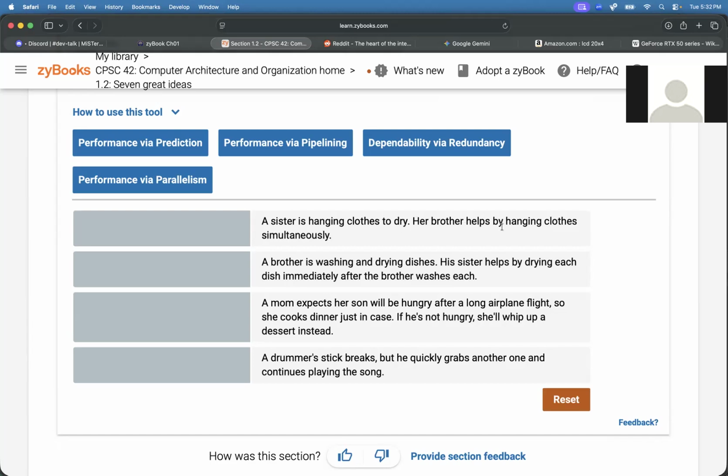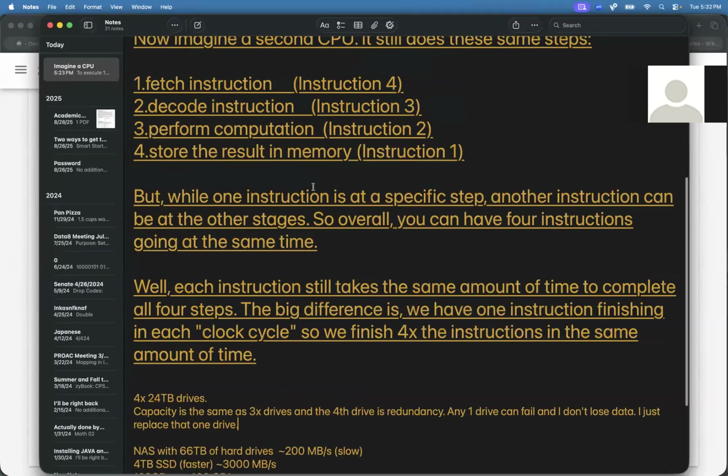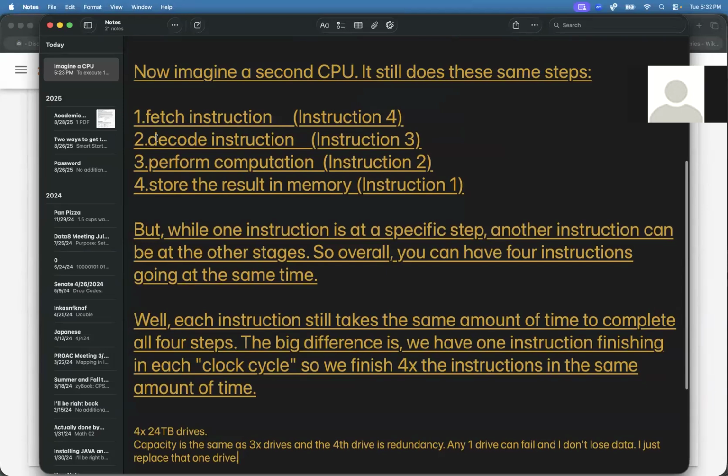So if they're both hanging clothes, that's parallel, right? They're both doing the same job. That's not pipelining. Remember the whole point of pipelining when we talked about it was that there are different tasks, and because they're different tasks, they use different hardware. So if you have 4 pieces of hardware, what we want to do is have one instruction at each level.